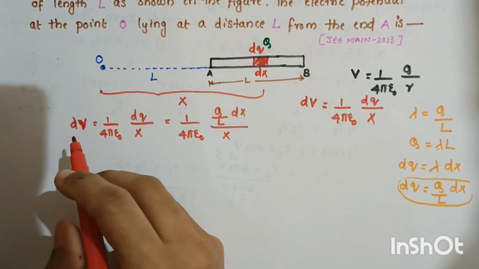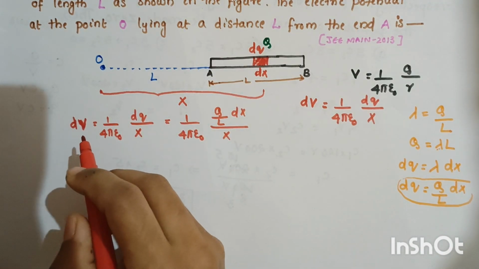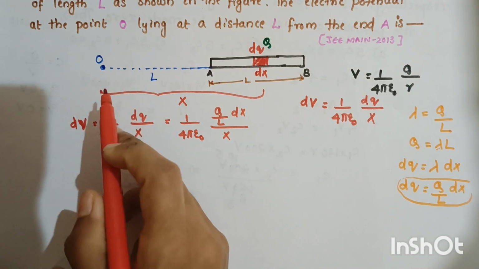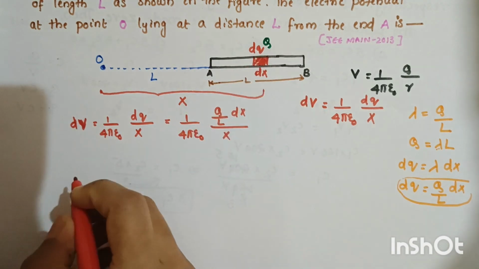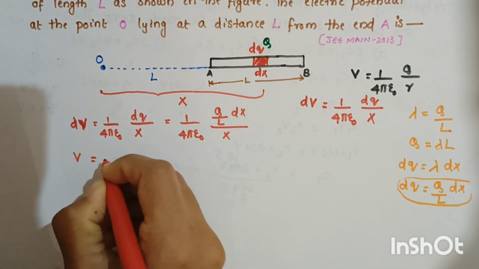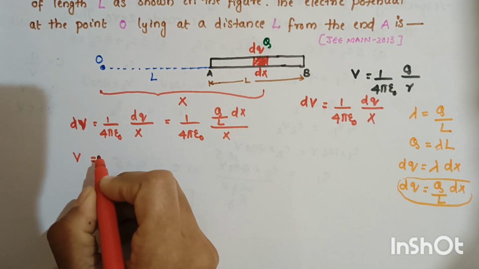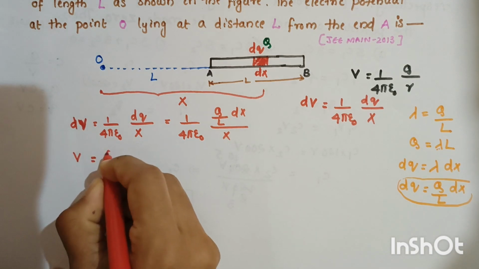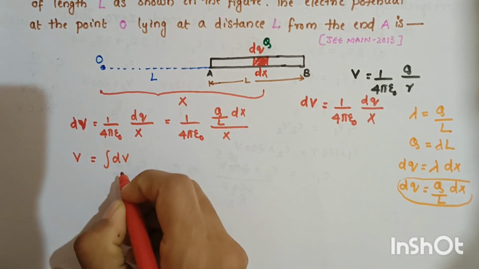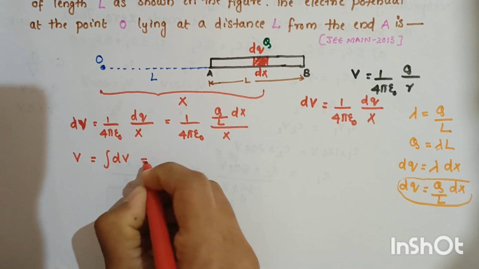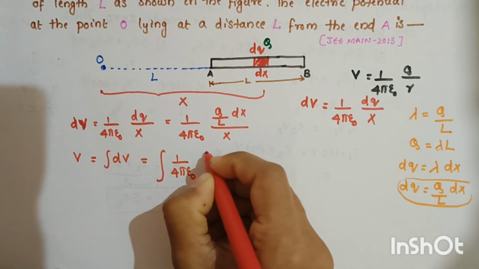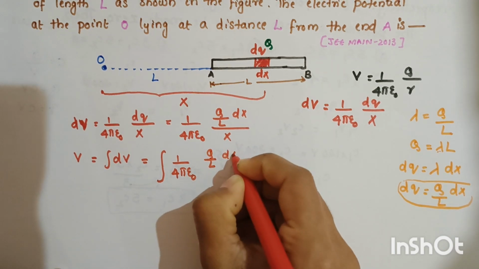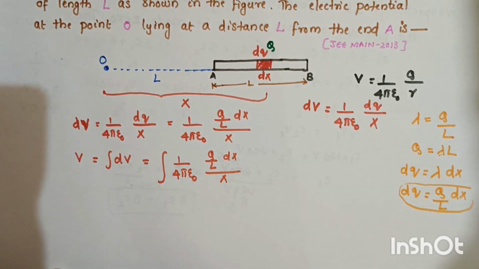We want to get the total electric potential at this point O due to this whole charge distribution Q. So the total potential V we can find by integrating this small potential dV. That is, V equals integral 1 by 4 pi epsilon 0 Q by L into dx divided by x.